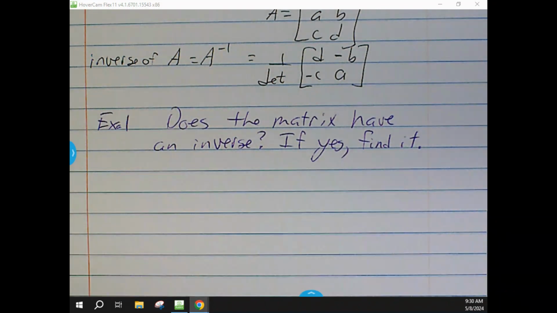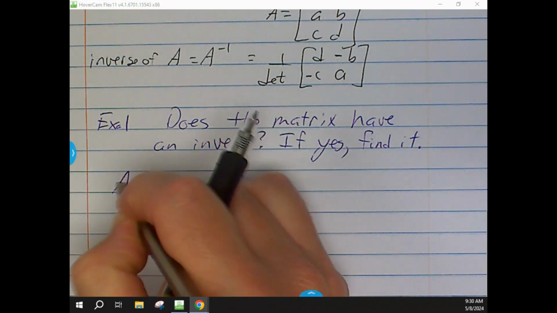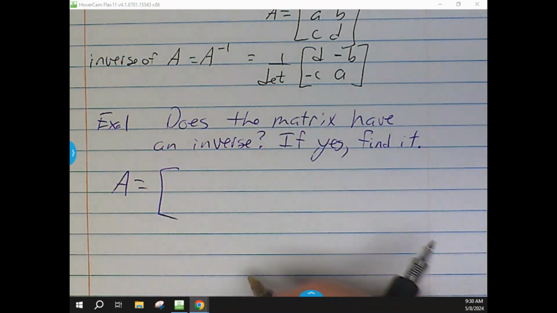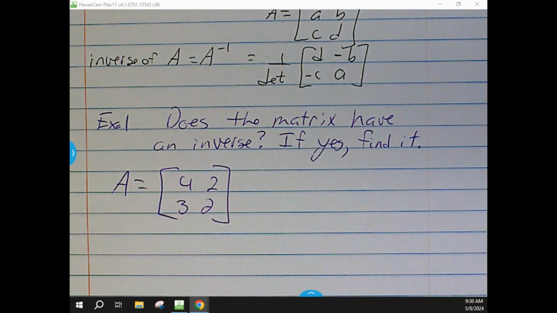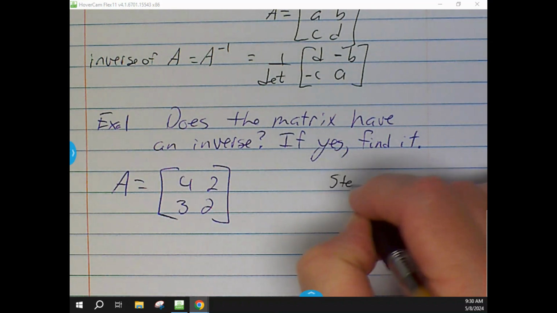All right, so for example 1, here's our matrix. We're going to go 4, 2, 3, 2. All right, and the steps you're going to do every single time is step 1, you're going to find the determinant.